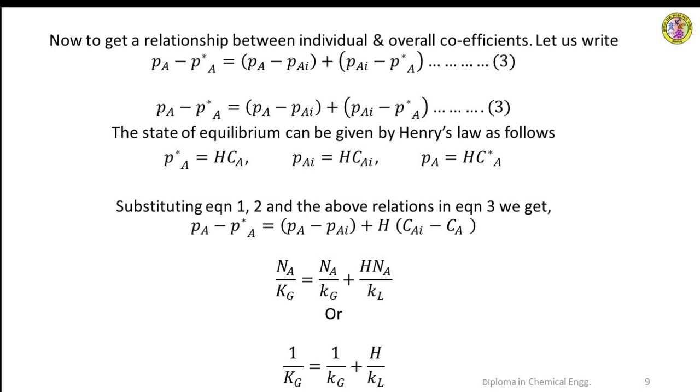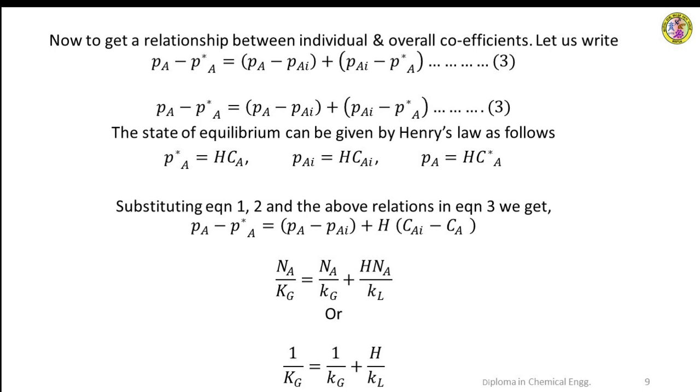Now Cai minus Ca, from equation number 2, is nothing but Na divided by small kl. So the equation becomes Na divided by capital Kg equals Na divided by small kg plus H into Na divided by small kl. Here Na, being common on both sides, gets cancelled, and you get the final equation: 1 by capital Kg equals 1 by small kg plus H divided by small kl.